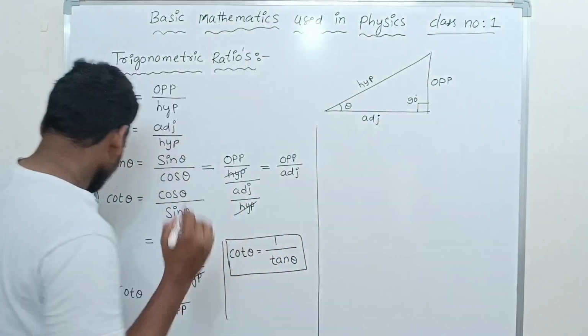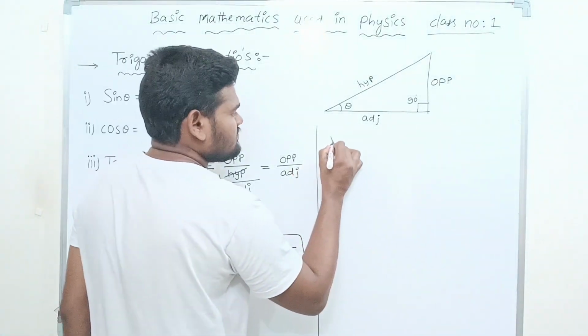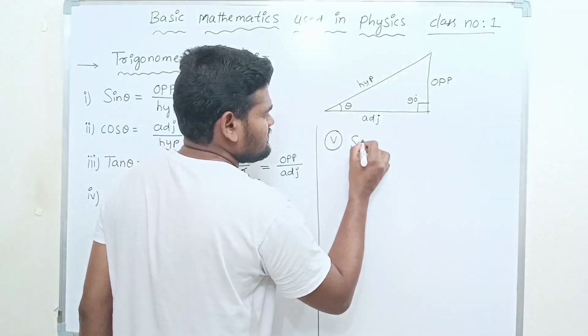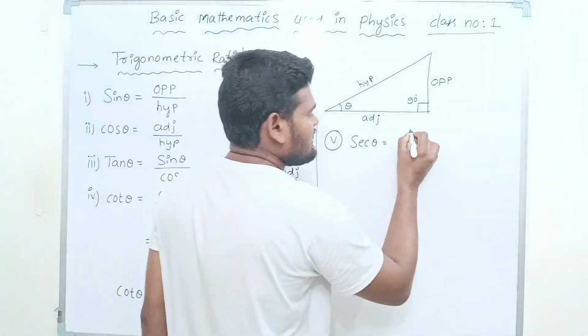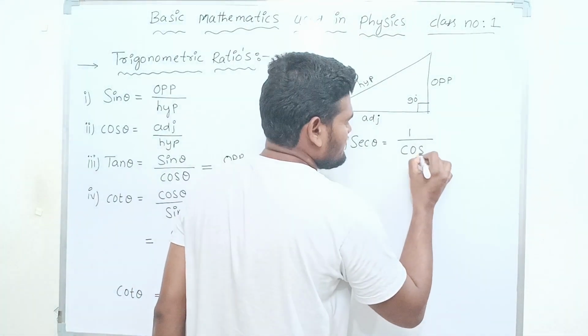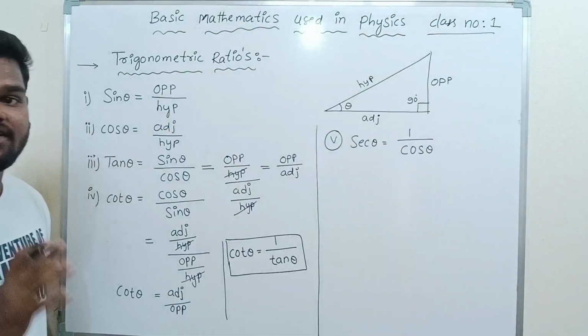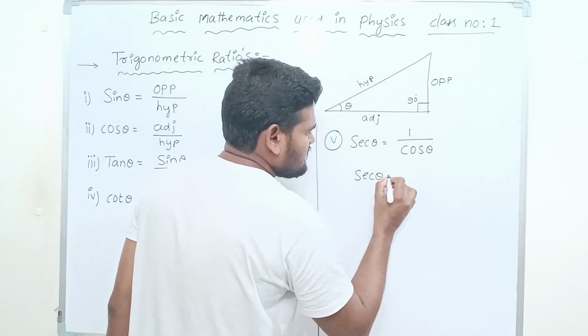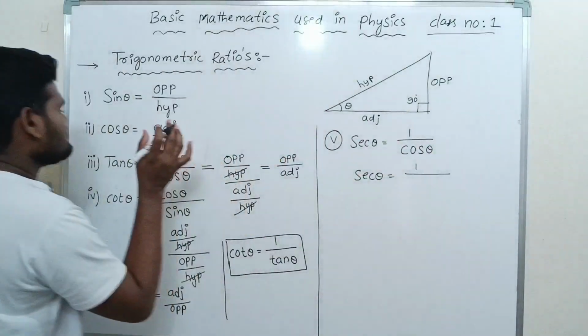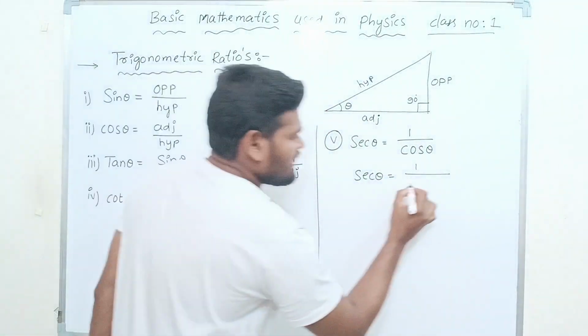Next formula, fifth one, sec theta. The reciprocal of cos theta is called sec theta. So sec theta equals the reciprocal of cos theta, which is adjacent side by hypotenuse.